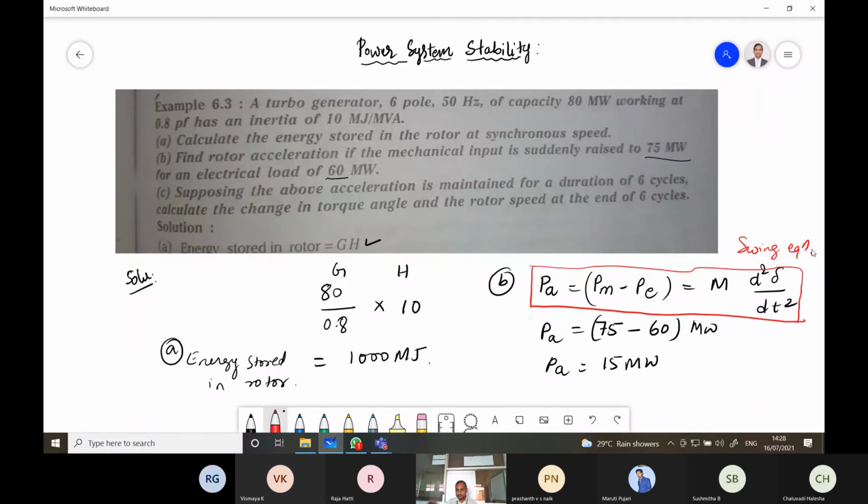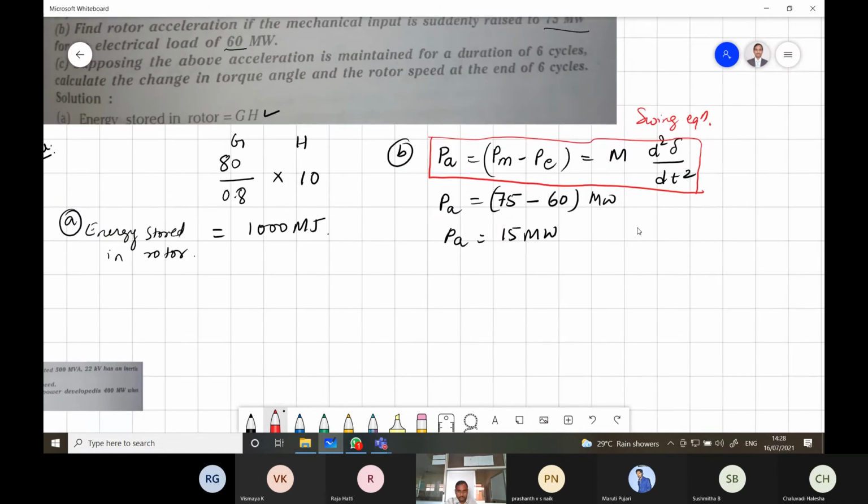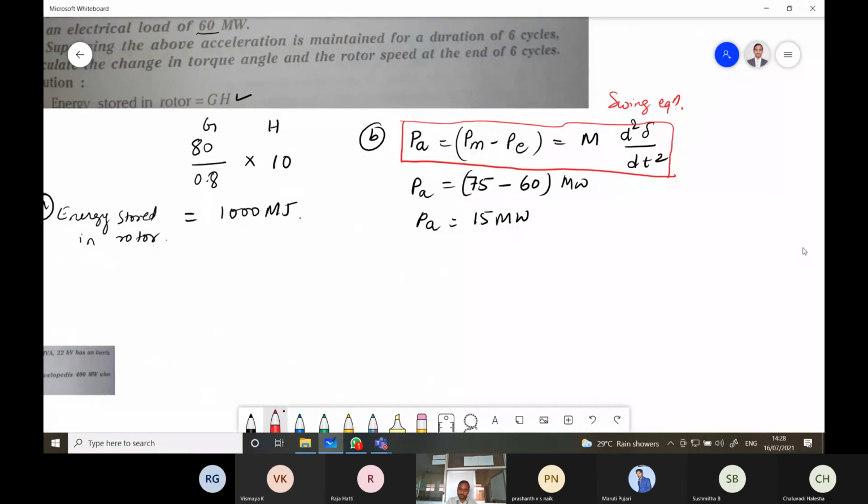Now, we know that M is equal to G into H divided by 180 into F. In the place of M, you can substitute GH by 180 F. What is G into H?